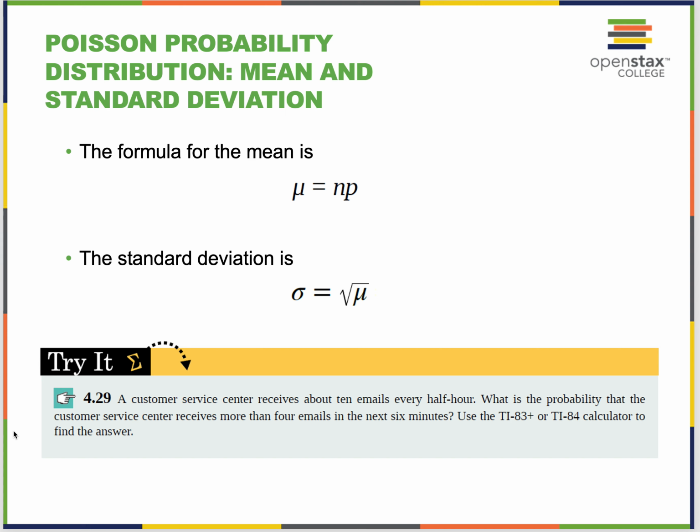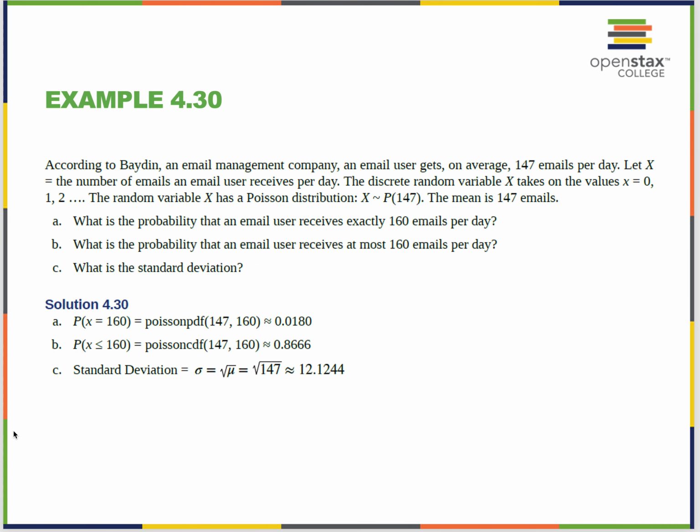I get 10 emails in a half hour, and I'm looking at how many per minute that means. I get 1/3 per minute because I have to divide 10 by 30 to take it from 10 emails per half hour to emails per minute. So it's going to be 1/3 of an email per minute. So what's the probability I get 4 emails in the next 6 minutes? We could do that.